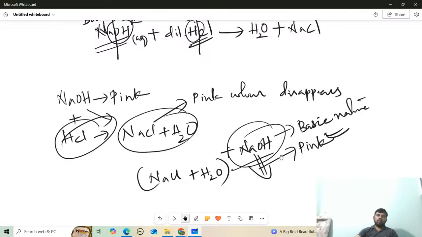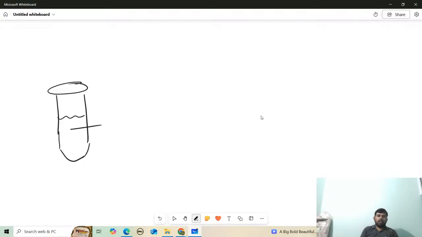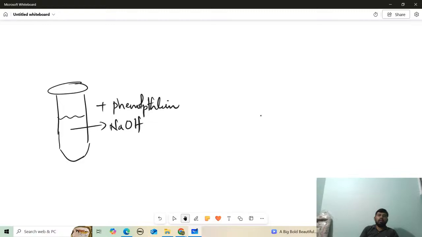Now try to understand here. Just write it here better. There is a test tube. We added NaOH plus phenolphthalein. What is the color?